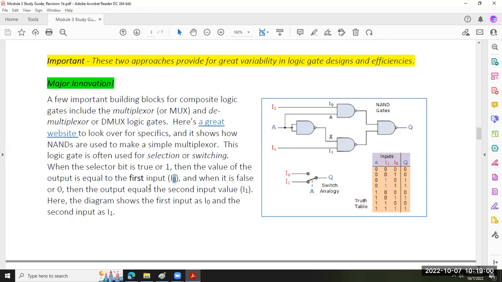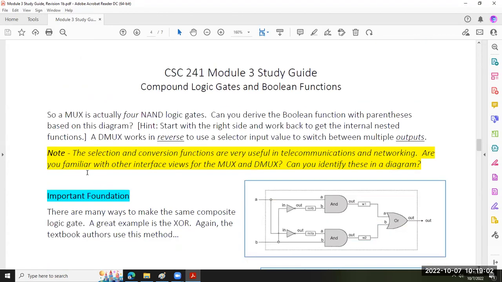Another innovation, huge. The D-Mux allows us to switch between multiple outputs. So it is analogous or similar in nature, but it's not like we can trace back to see what the input was. It's not the absolute reverse of a mux.